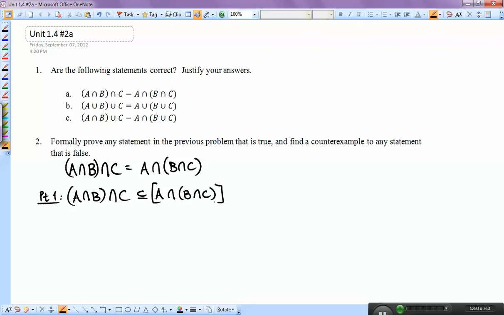And I'll bracket those so it's more clear what goes inside the other thing. And then second part, I need to prove that the right side is a subset of the left side. So I'm just going to reverse those and keep the subset symbol pointing the same way. Okay, so there we go.